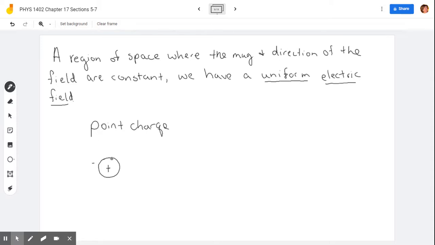Okay, that's not a good example of a uniform electric field because, like I say, right here the field's very strong, you feel a really big force, but when you're farther away, you feel less force. And notice here the force is in two totally different directions and different sizes. That's real typical. A lot of times electric fields are not uniform. However, it is possible to get a fairly uniform electric field.